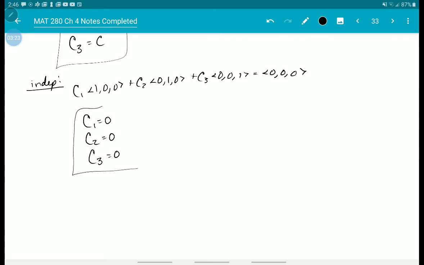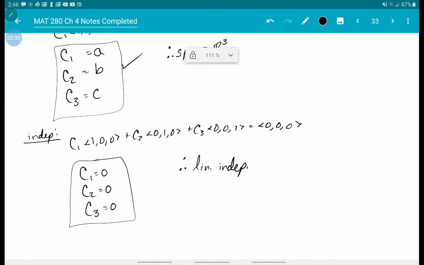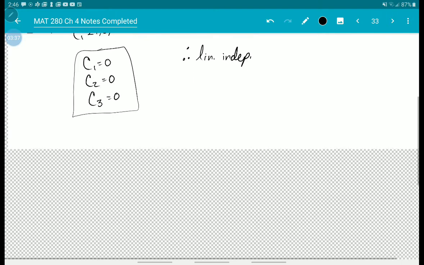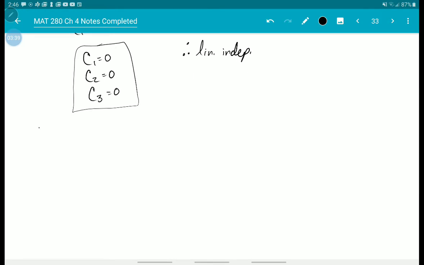So our solution is the trivial solution, which means that these vectors are also linearly independent. Since they're independent and since they span, therefore S forms a basis. And this is for R3.